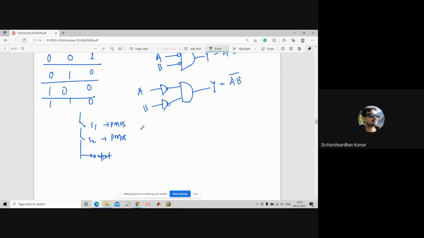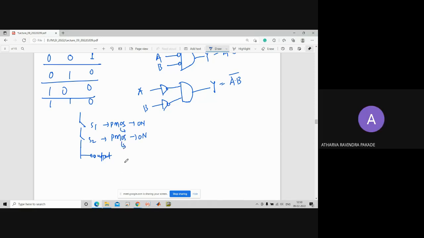If switch S1 is open, meaning you are applying logic 0 here, then what will happen to the PMOS? It will be on, right? Then you will get some voltage in the output, logic 1. But for the remaining cases, either 0, 1 or 1, 1, it will be turned off, right?